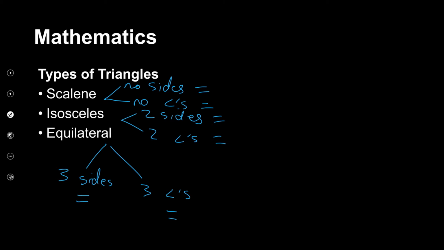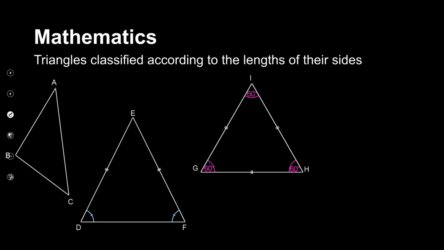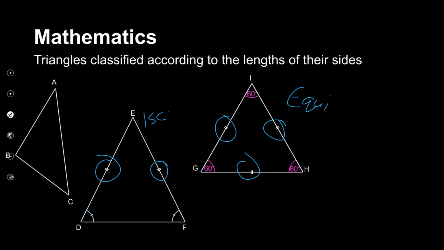Now we're going to look at how we can classify triangles according to the lengths of their sides, right? If I talk about sides, it means that this side and that side are equal, that side and that side and that side are equal. So three equal sides make this the equilateral, two make this one the isosceles, and this one is a scalene, because none of the sides are equal.